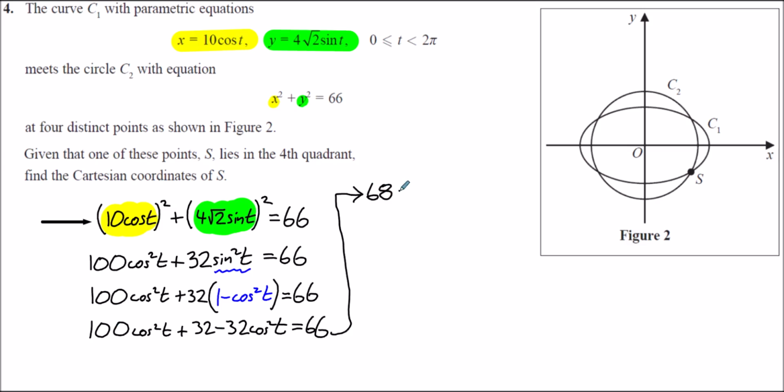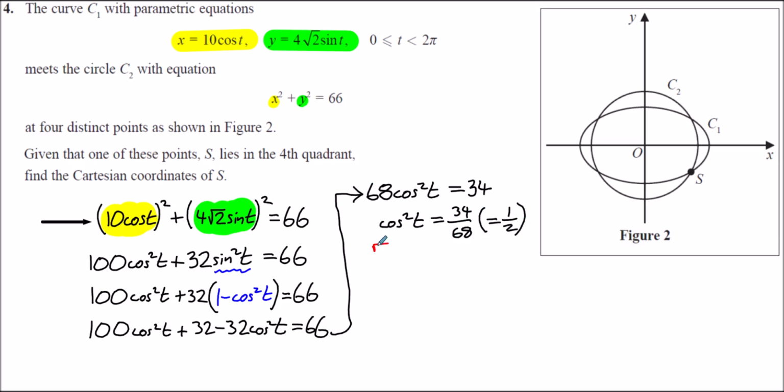So I've got 68 cos squared t. Then 66 minus 32 gives 34. Divide through by 68, so we get cos squared t equals 34 over 68, which of course is a half.